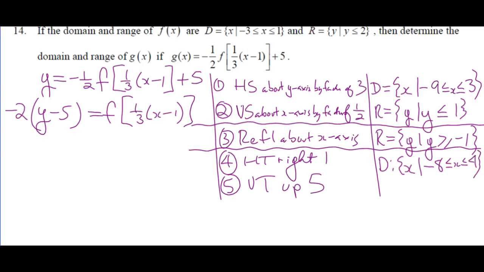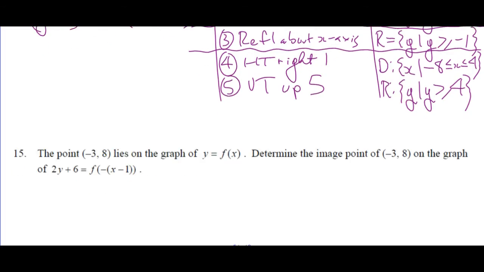You're just going to add 1, right? Domain, add 1. Range, down 5. Make 1, 4. What is that? 14. There we go.